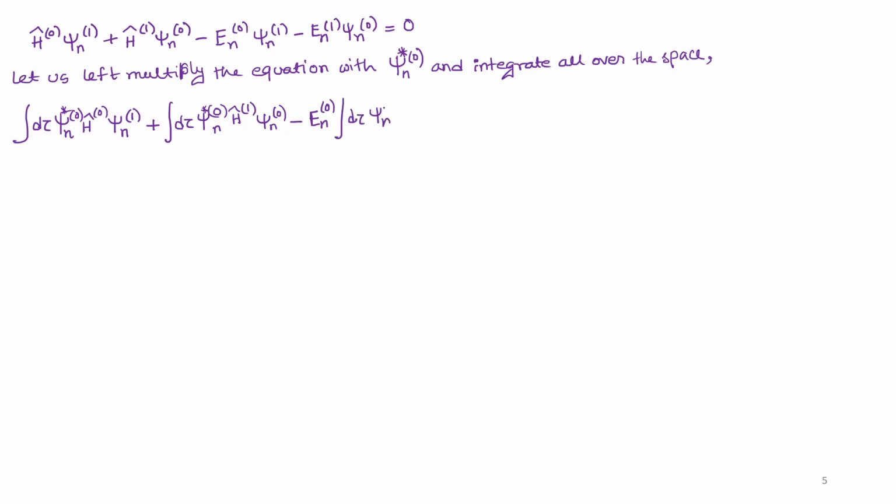D tau psi n star 0th psi n 1th, then en1 d tau psi n star naught psi n 0, right?